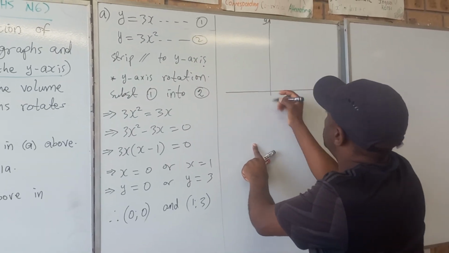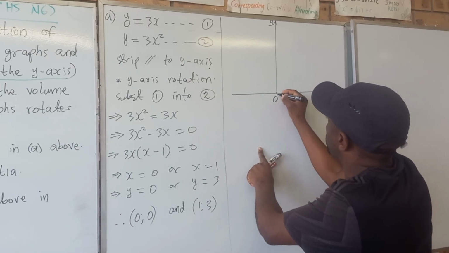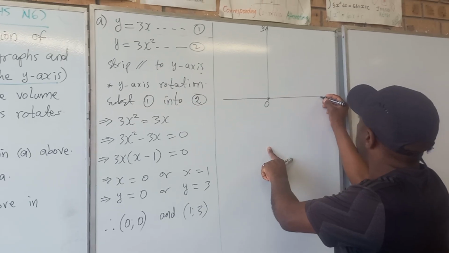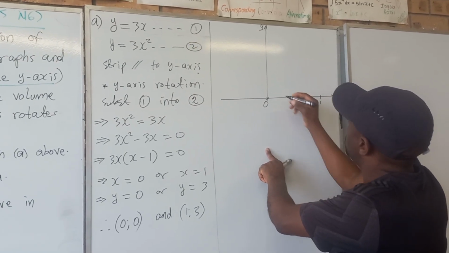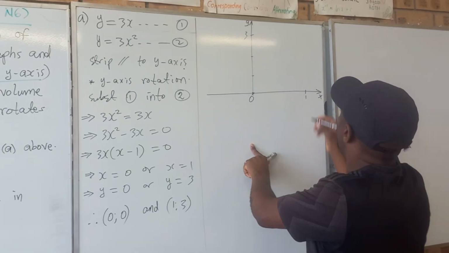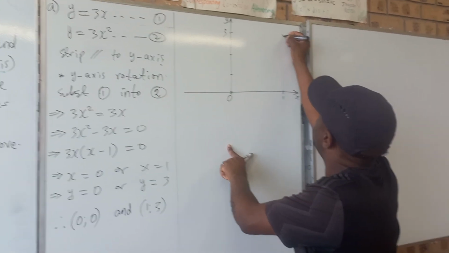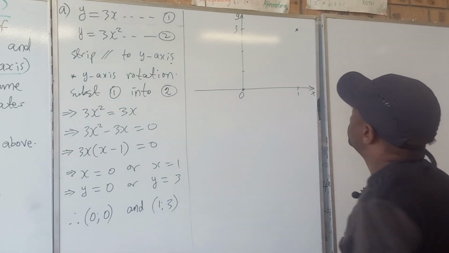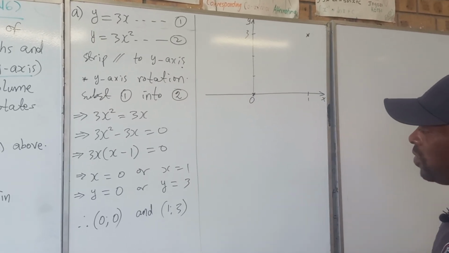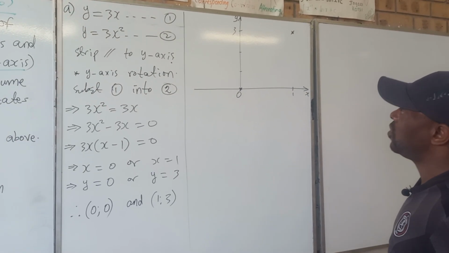I should make sure the first quadrant is visible, then I plot my point, that's the origin. I need the point (1, 3). So let's say this is 1 on the x. So this can be 1, 2, 3 on the y. So I need a point (1, 3). So that's my point of intersection. Those are my 2 points of intersection. So I must sketch the 2 graphs to pass through those points.